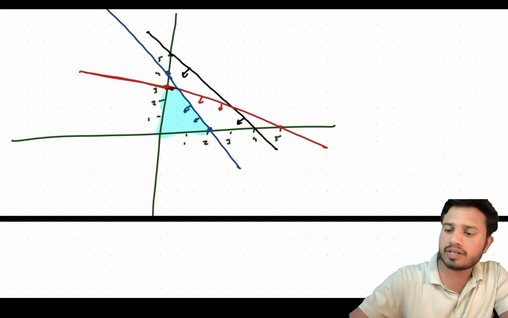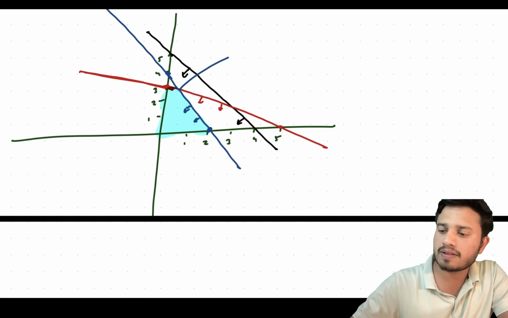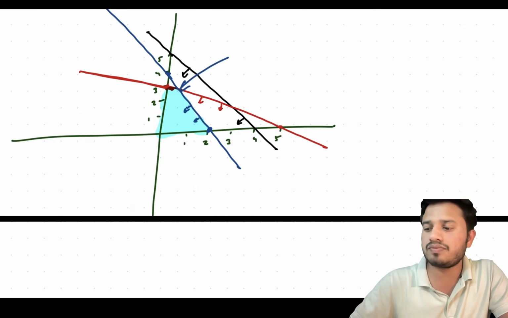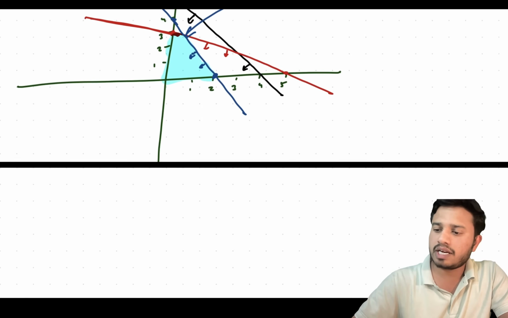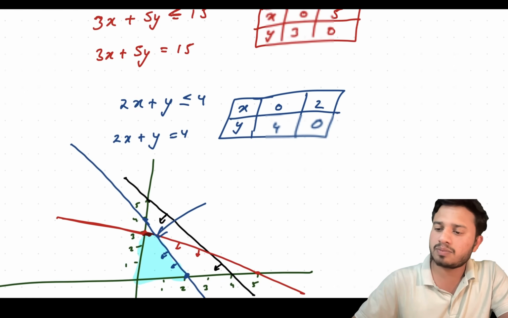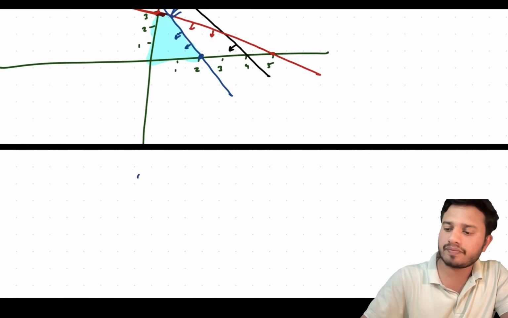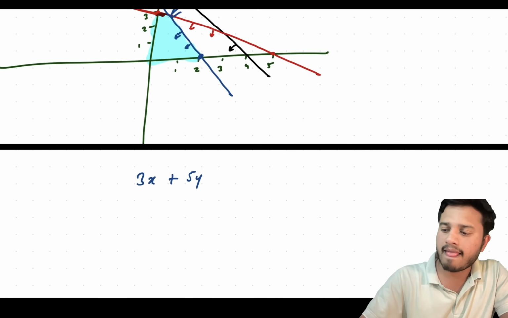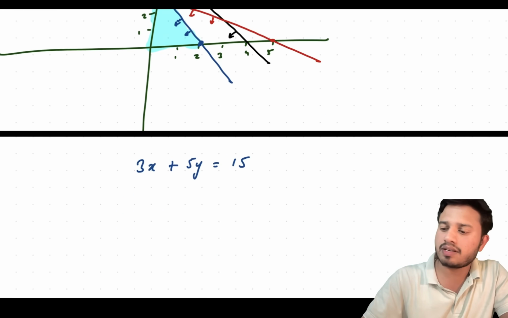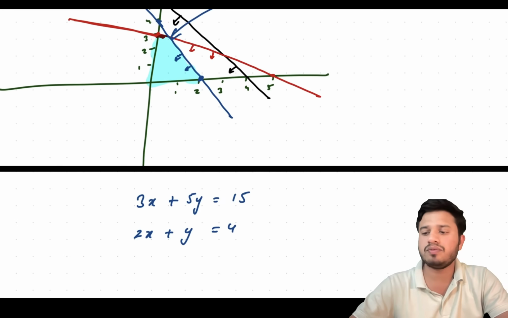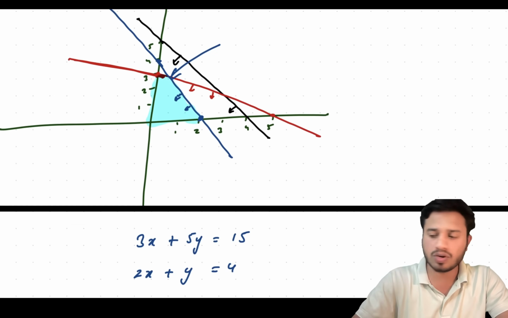There is one special point here. This point is the intersection of the red line and the other line. Just write the red equation x plus 5y equals, and equation 2x plus y. Find this common intersection point.